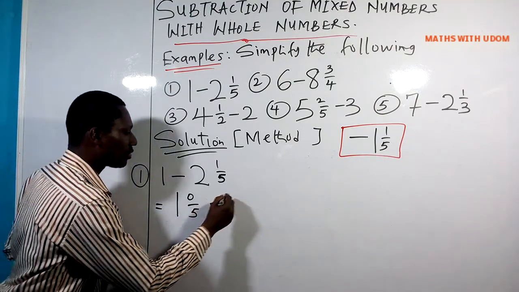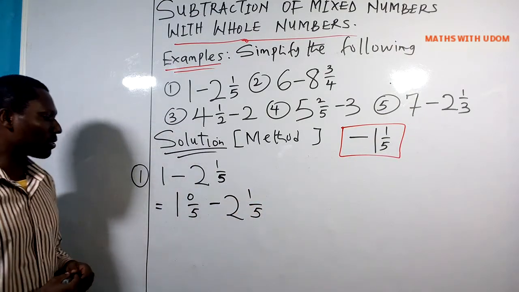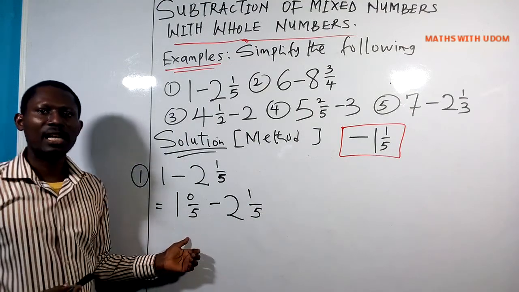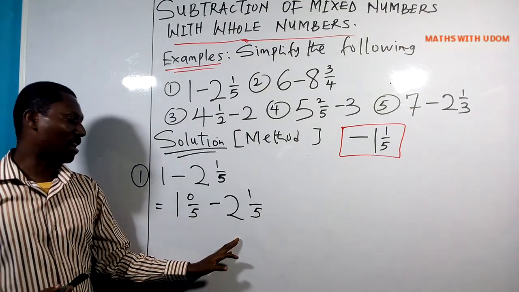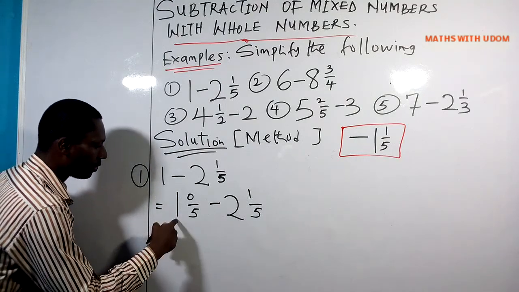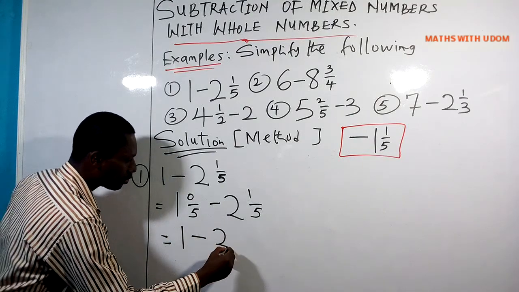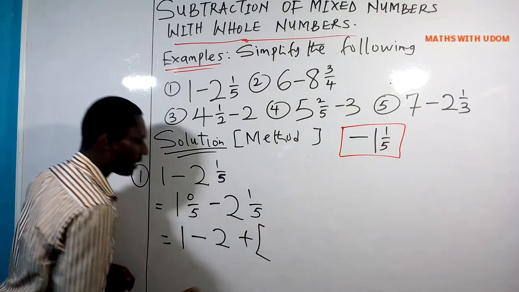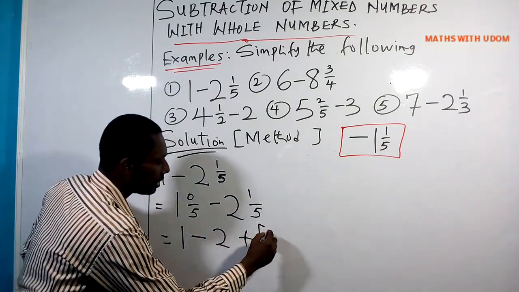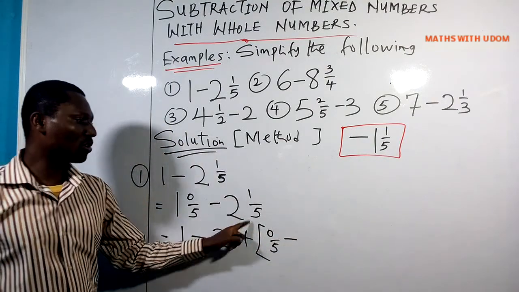Then minus 2 whole number 1 over 5. The next thing is that we are going to subtract the whole parts from the whole parts, and we'll subtract the fraction from the fraction. So the whole number here is 1 minus the whole number here is 2, plus, you open a bracket, the fraction here, 0 over 5 minus, because we are using minus here, minus 1 over 5.